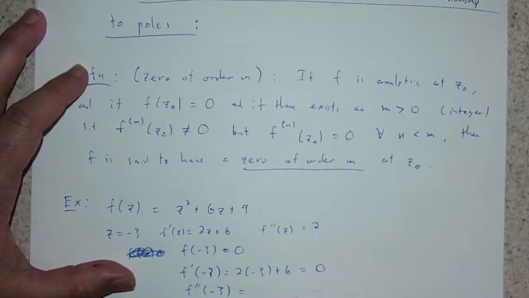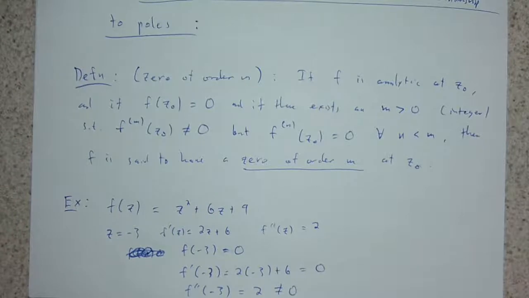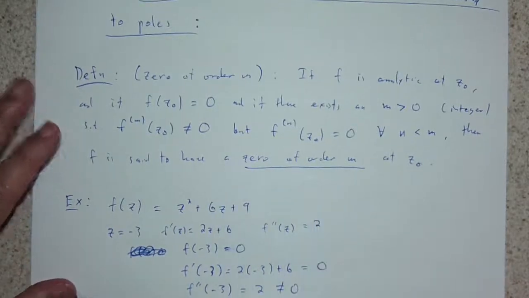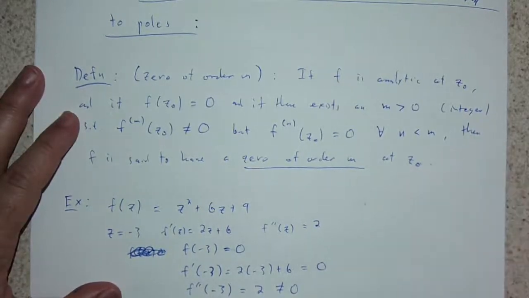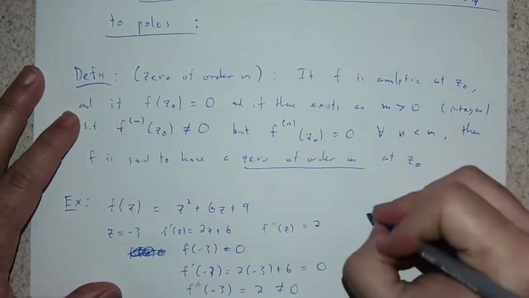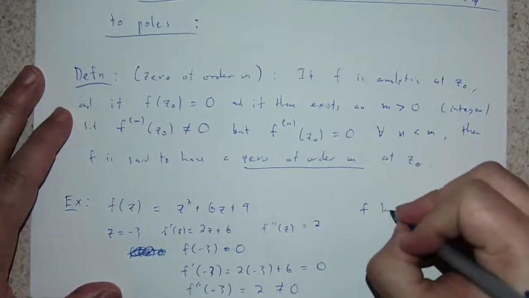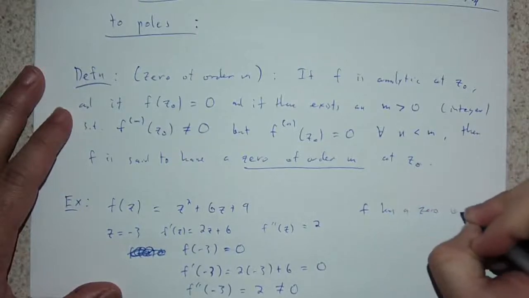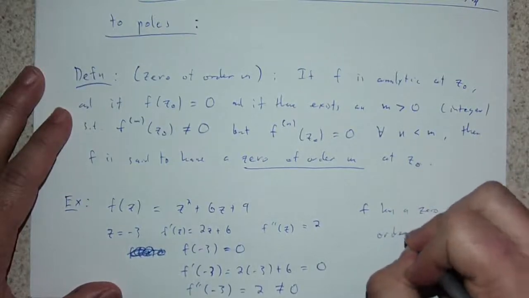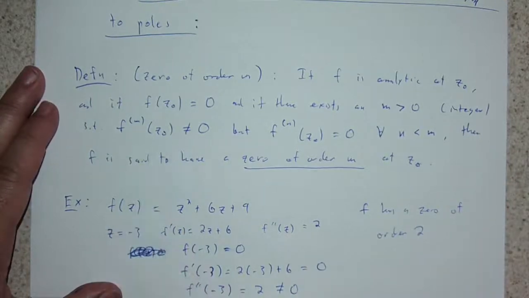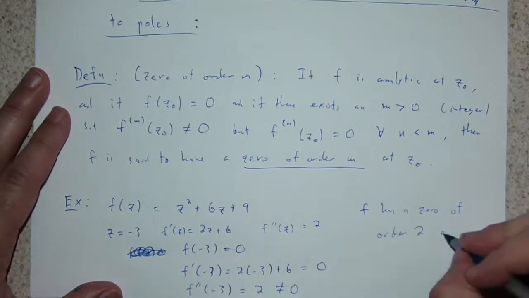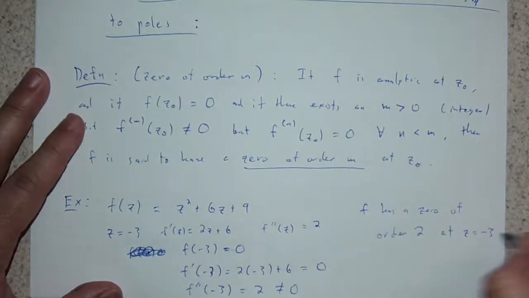So this is just constant. That's not 0. So according to this definition, what is z equals minus 3 for this function? Then f has a 0 of order 2, because the second derivative was the one that was non-zero here, and has a 0 of order 2 at z equal to minus 3.